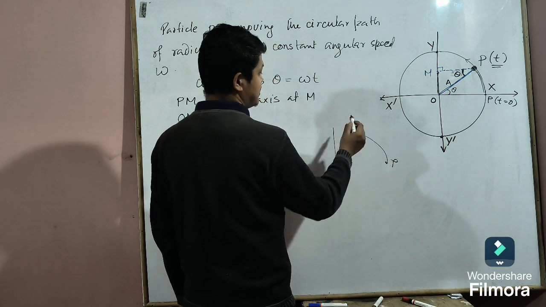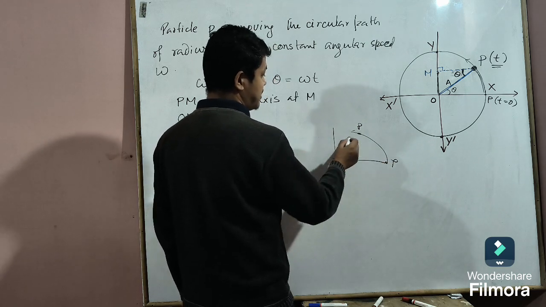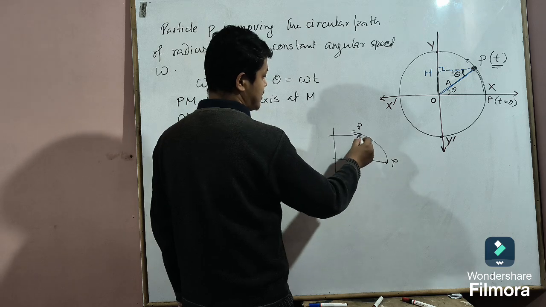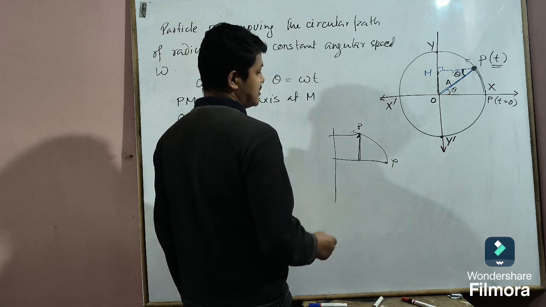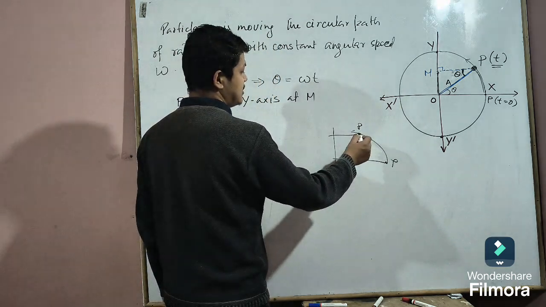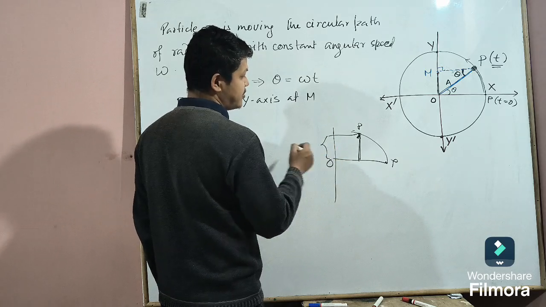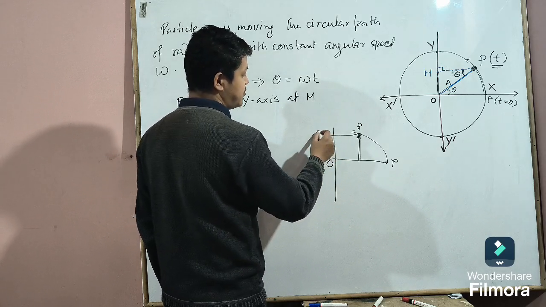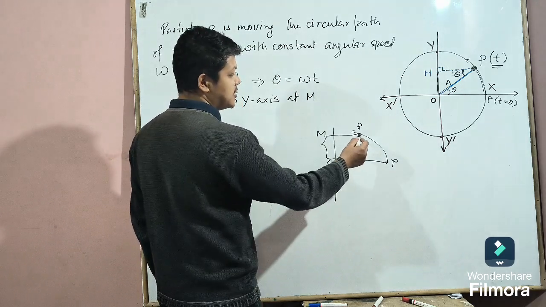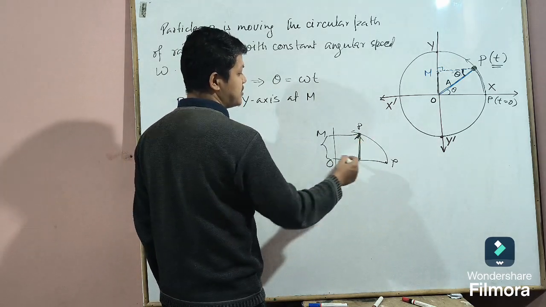So what is the displacement along the y-axis in this direction? It is given by this part. This is the origin O and this is the point M. So this is the vertical displacement.